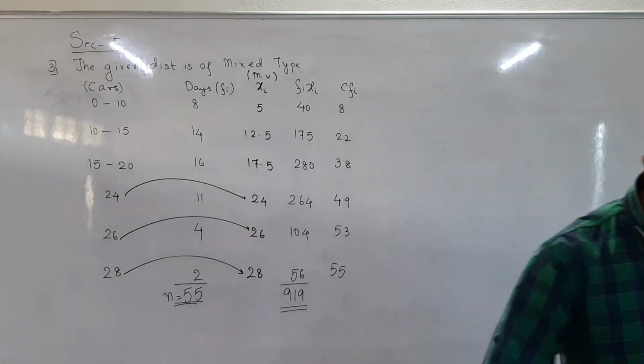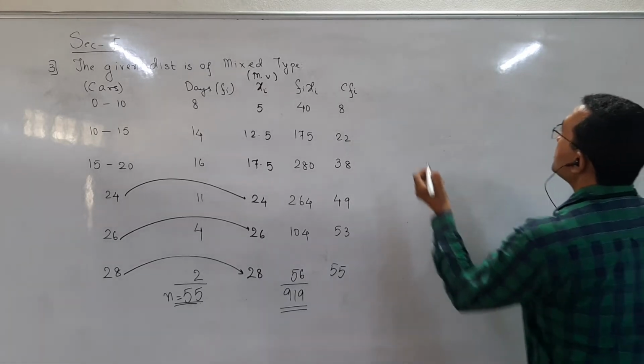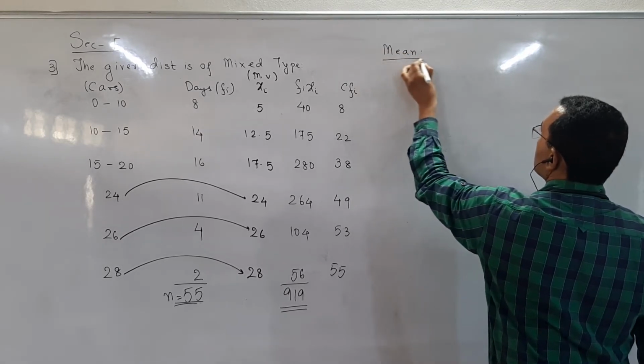Now students, once again, as the sum has told us, use an appropriate formula. Once again, students, I am reiterating that we have to use an empirical formula given by Karl Pearson. So first of all, we will operate mean.